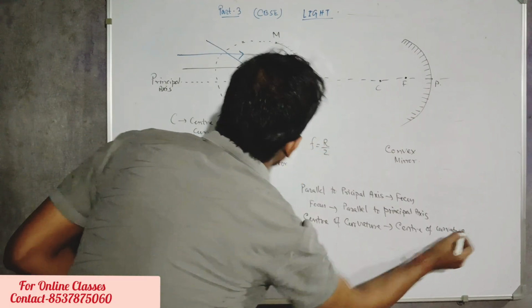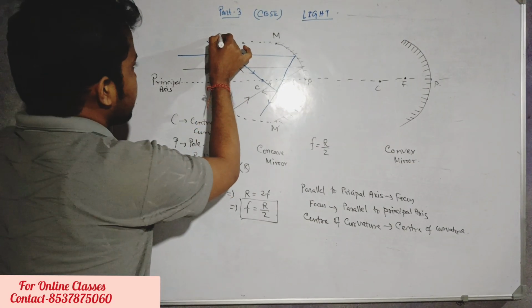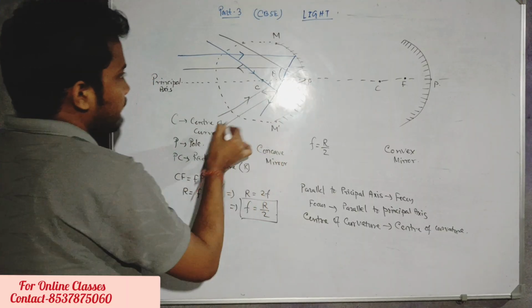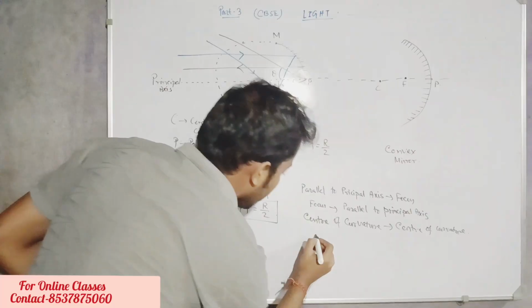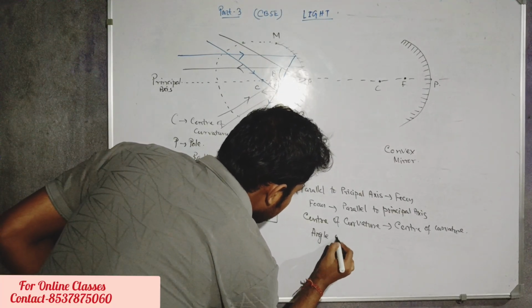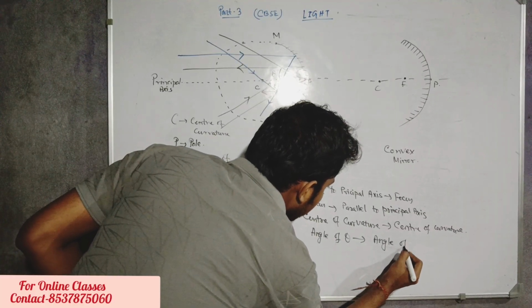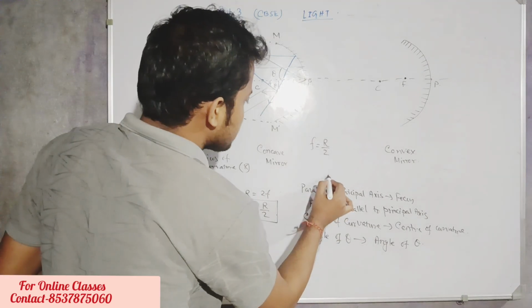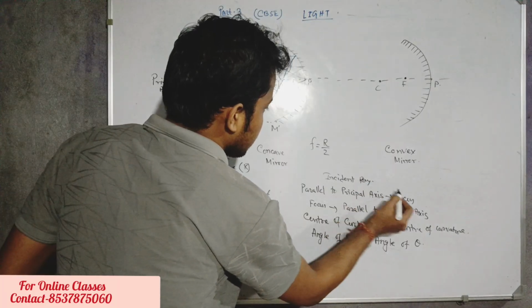Last but not least, if a light ray comes at an angle, let's say theta, it will reflect back at an angle theta, following the laws of reflection. This one is basically the incident ray, and that one is the reflected ray.